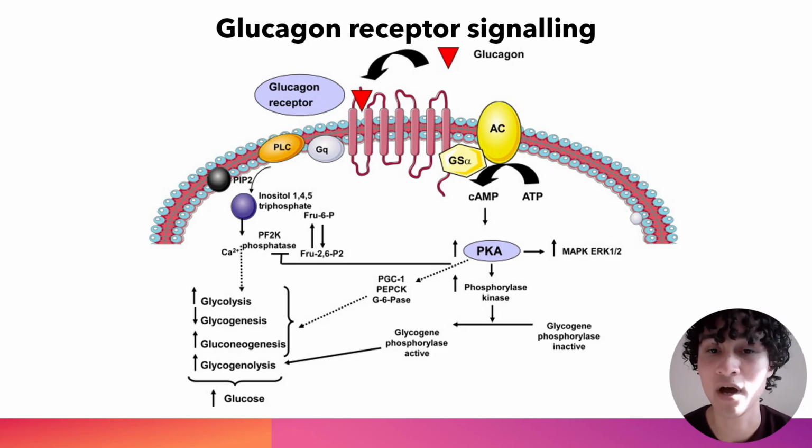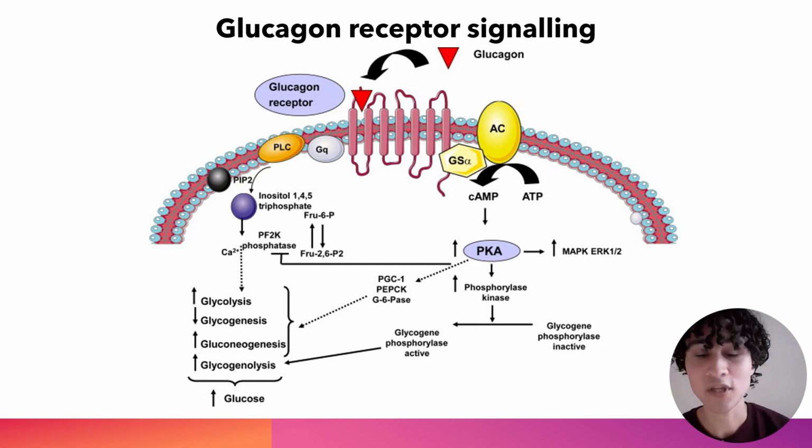And then once phosphorylase kinase is activated, it will inhibit glycogen synthase via phosphorylation, and it will activate glycogen phosphorylase. Glycogen phosphorylase is the main enzyme that facilitates glycogenolysis. Glycogen is broken down by phosphorylase, adding those inorganic phosphate groups to give you glucose 1-phosphate.